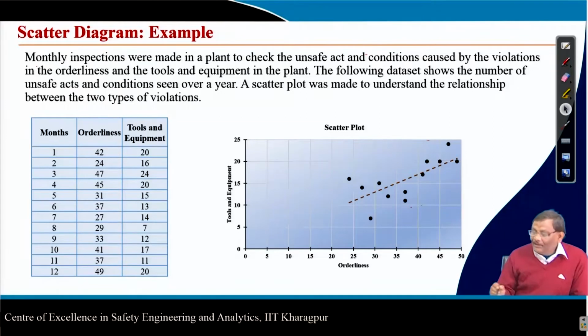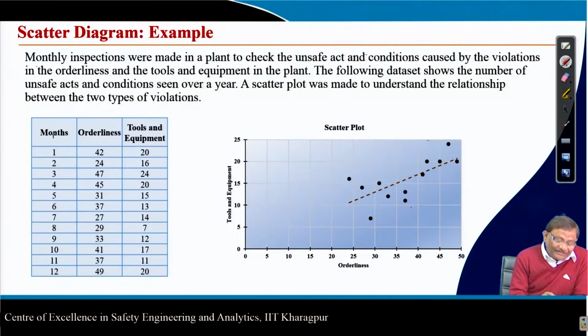You see here we have given a data table, and in this data table the first column is months, second column talks about orderliness, third column talks about tools and equipment. Actually, then what are these values?